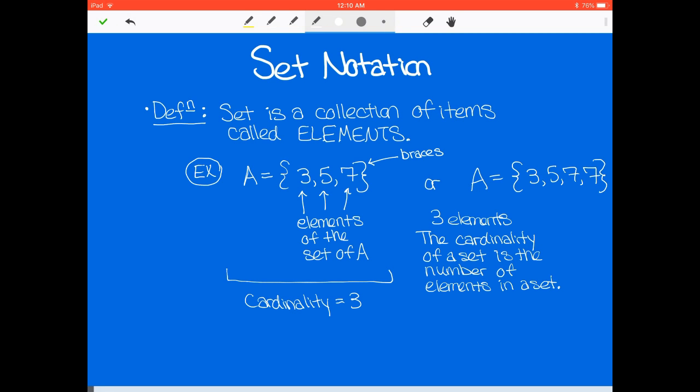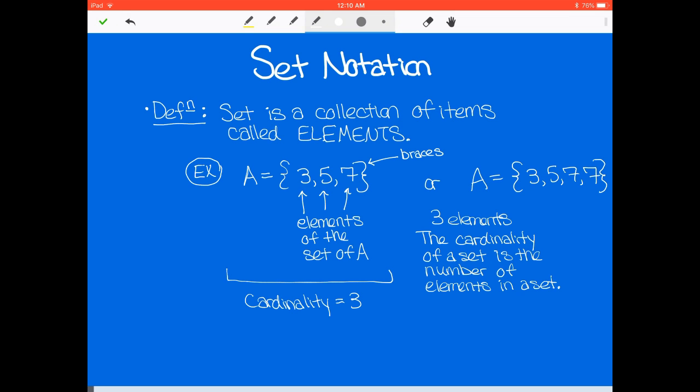Now, mathematicians are lazy, and we like to write things simply. Just like when we said A is a set and it consists of the elements 3, 5, and 7, we can just write that as A equals, and then the braces 3, 5, 7. So cardinality can also be abbreviated.